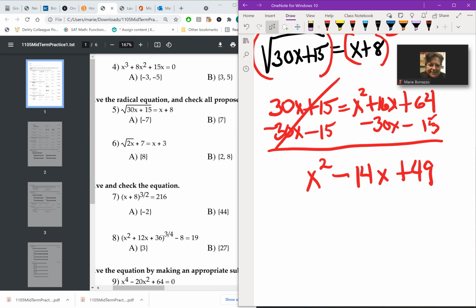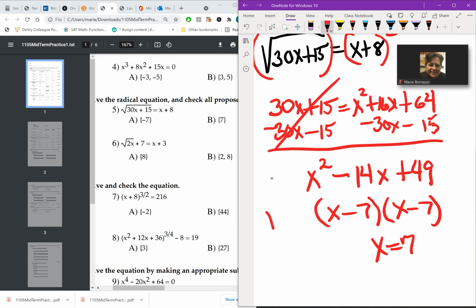If I factor this, I end up with x minus 7 times x minus 7. So your only solution is x is equal to 7. So for number 5, the answer choice should be B.